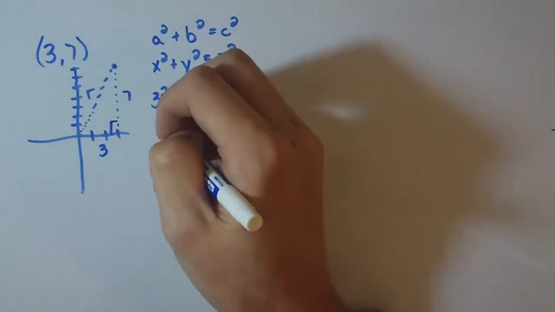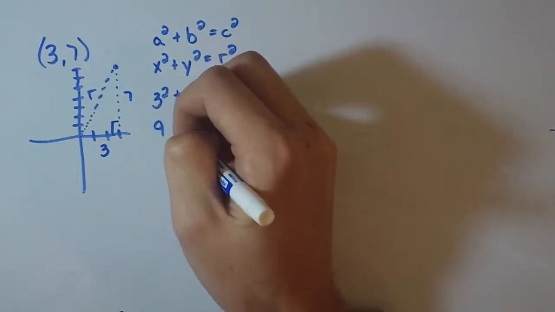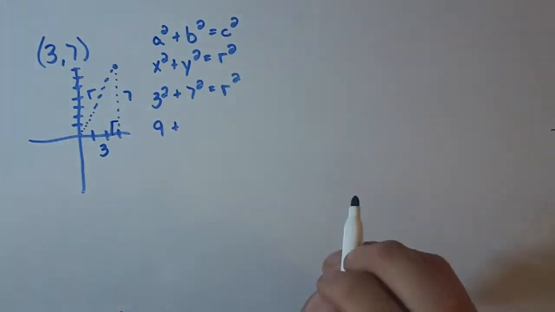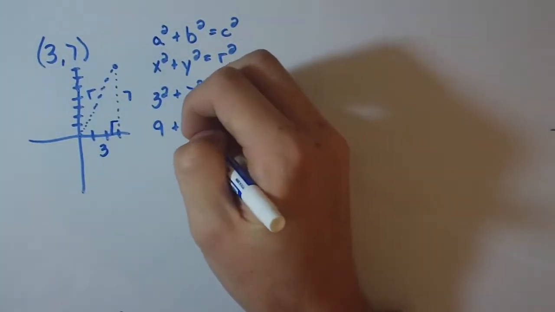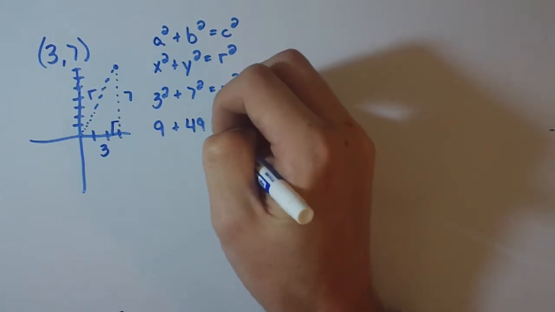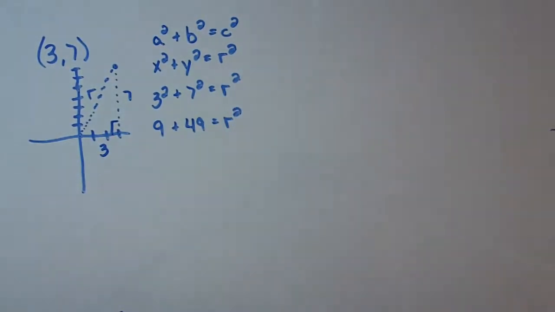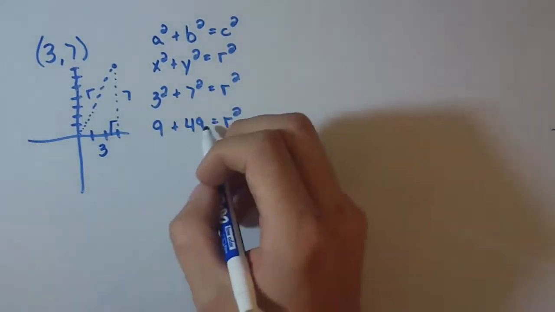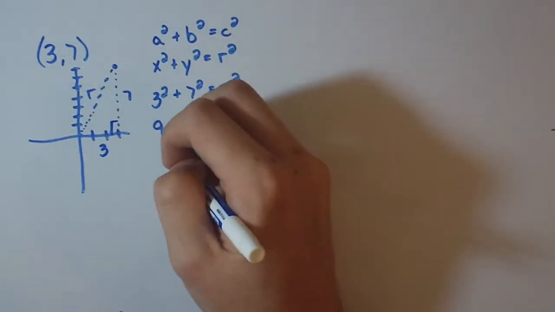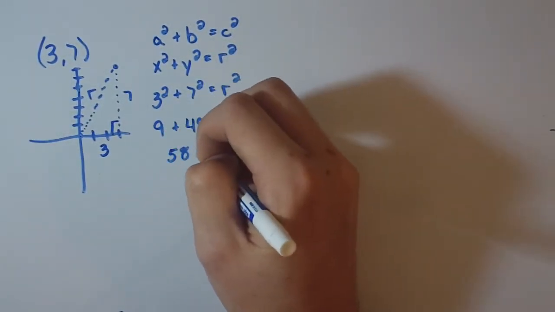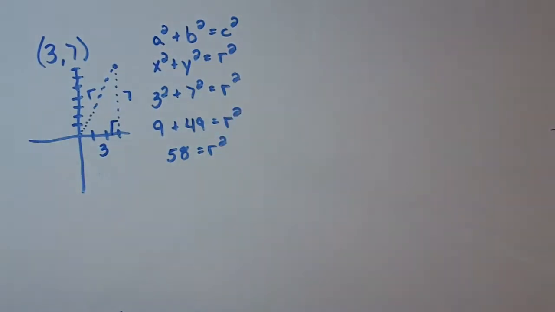Now 3 squared is 9, 3 times 3 is 9, plus 7 squared, 7 times 7 is 49, and that still equals r squared. 9 plus 49 is 58. That still equals r squared.